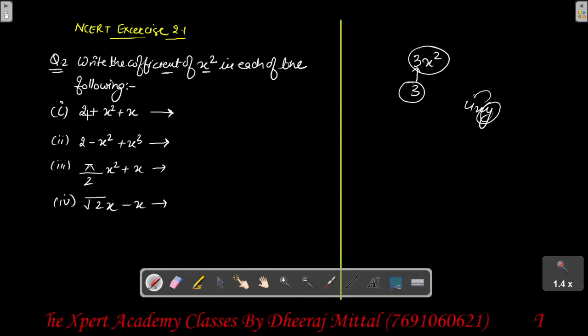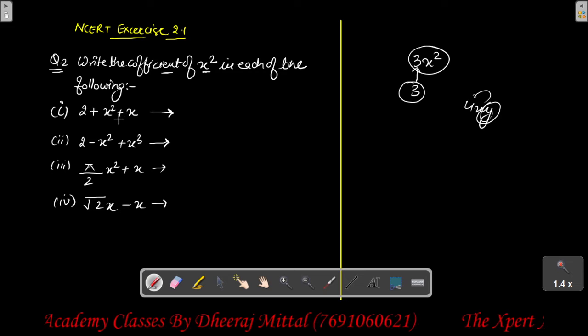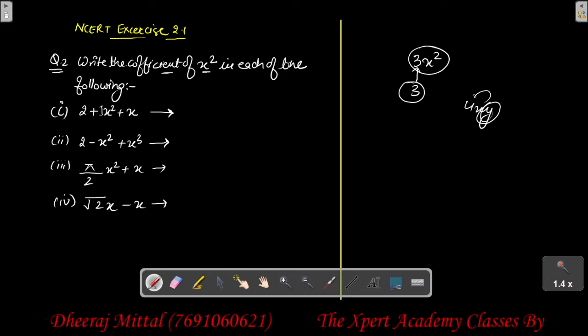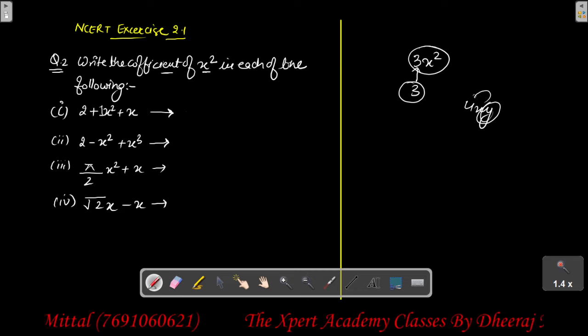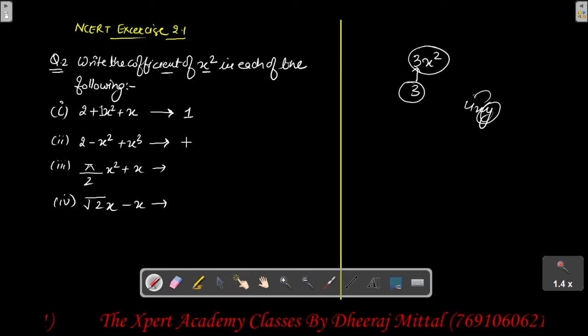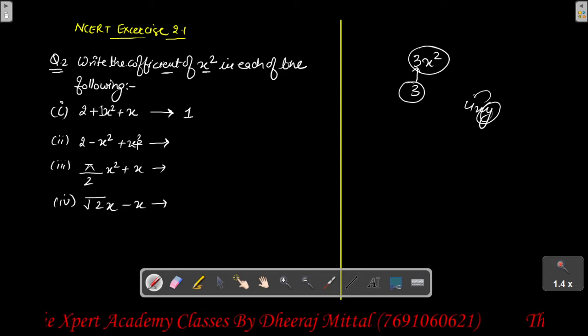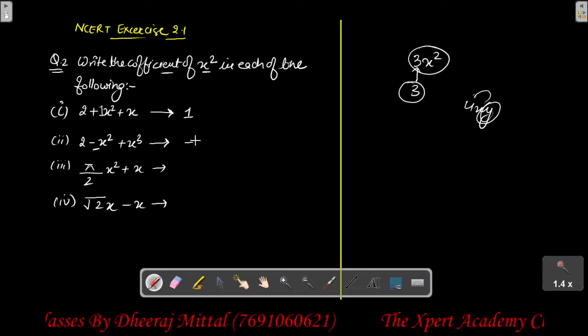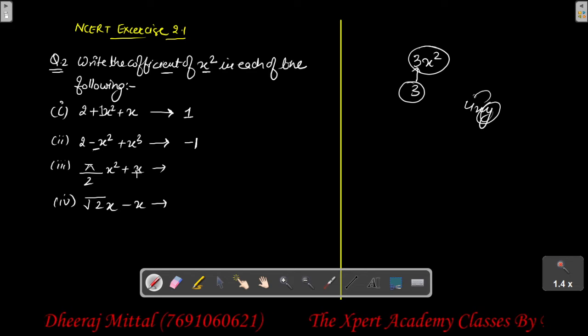Write the coefficient of x square in each of the following. First part is 2 plus x square plus x. Here x square is multiplied by 1, so the coefficient of x square is 1. In the next part x square is multiplied by -1, so the coefficient of x square is -1.